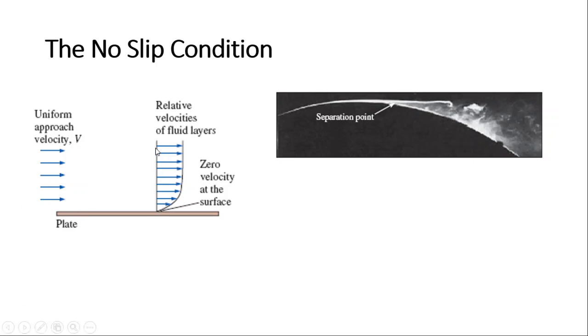We can see the velocity vectors from the highest point to this point have almost equal velocity, but below this point the velocity is gradually decreasing to the zero mark. If the plate is stationary, obviously the layer very adjacent to the surface will have a velocity of 0.